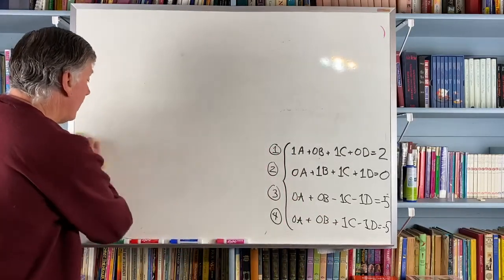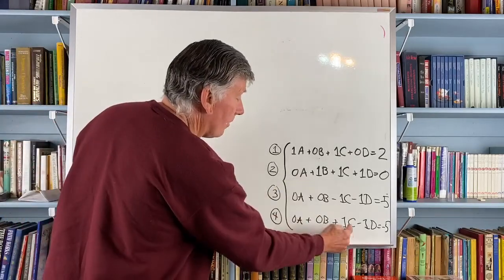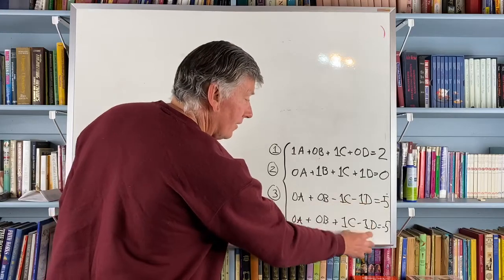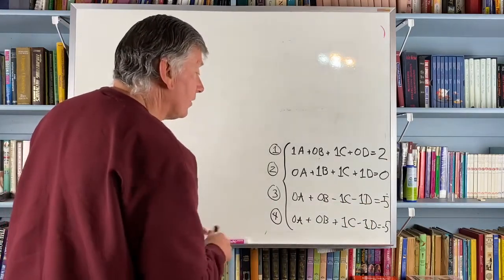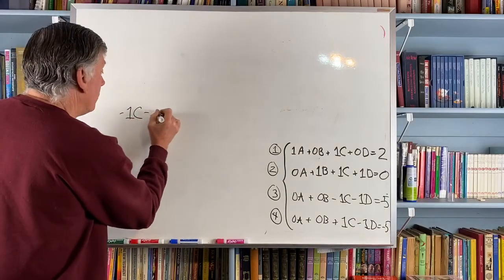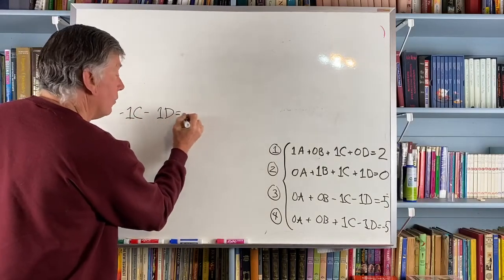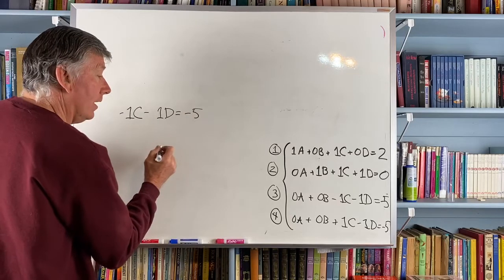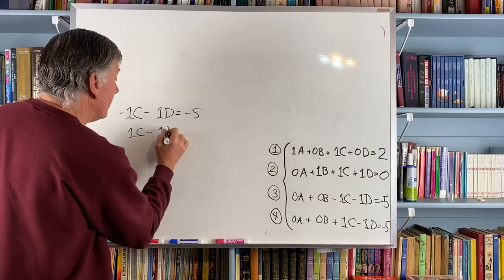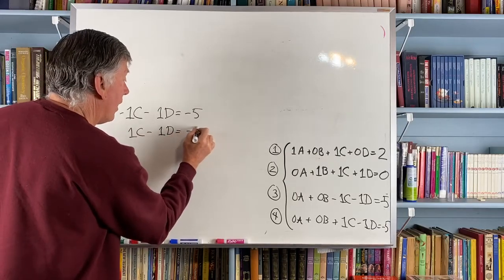I've almost got my triangle, I just need to wipe this out. But look at these two equations when I combine them together. I have minus 1c minus 1d equals minus 5. Then I have positive 1c minus 1d equals minus 5.